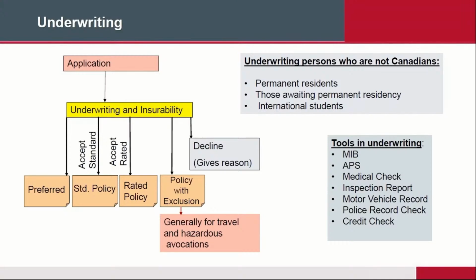Some of the tools that insurance companies use in order to underwrite a case is, of course, MIB. That probably is the question you're going to get on the exam: what is the very first thing that an insurance company does when they receive an application? And that is an MIB, a Medical Information Bureau. Usually the idea of the MIB is to make sure that you're not being overinsured.